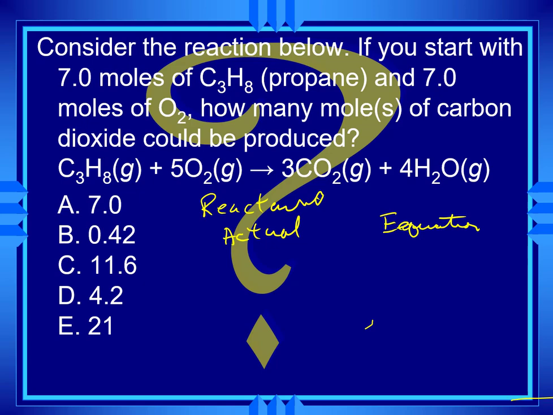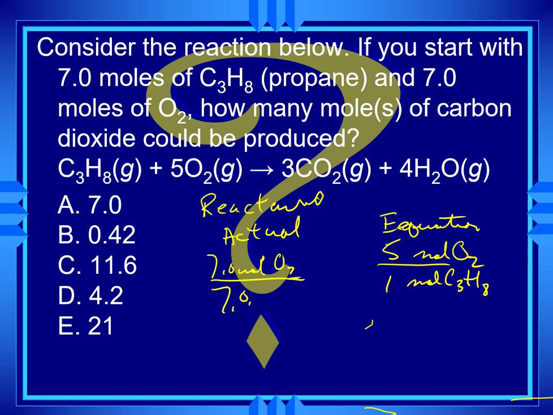Well, according to my equation, for every mole of C3H8, I'm supposed to have 5 moles of O2. Right? My actual ratio is 7 moles of O2 for 7 moles of C3H8.